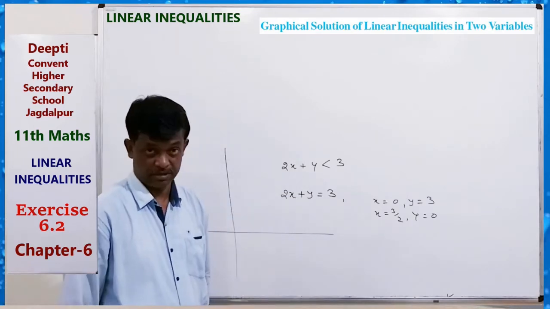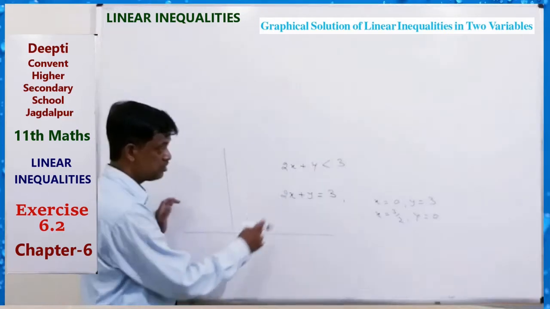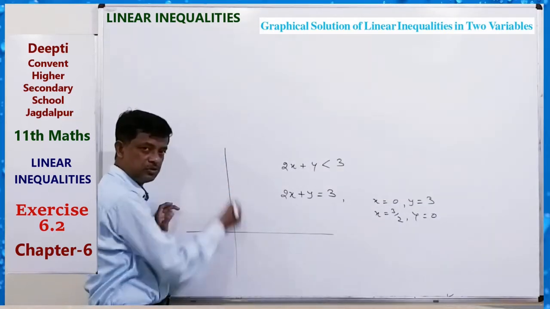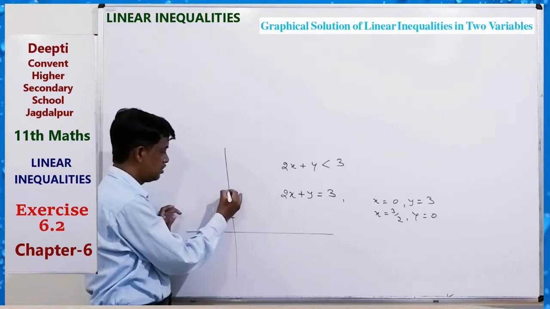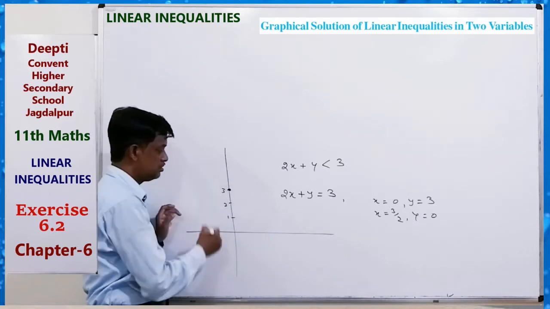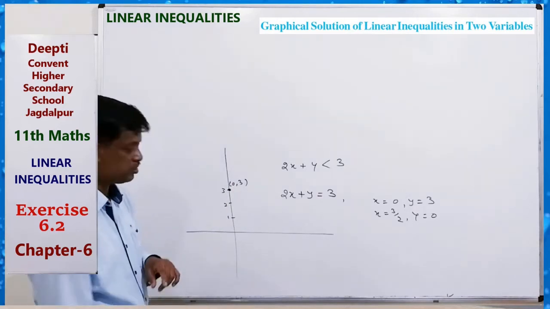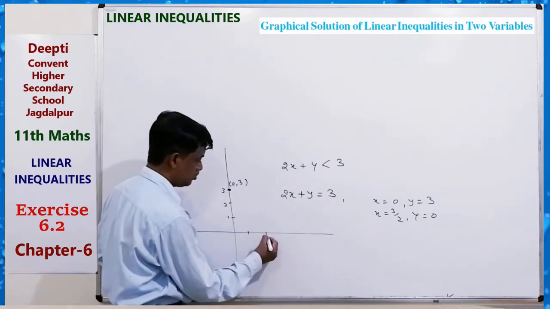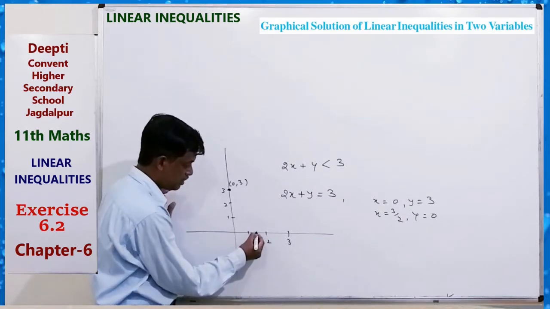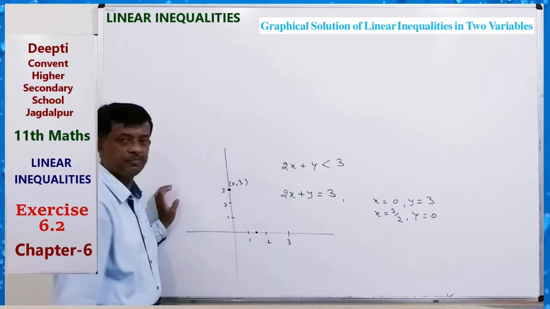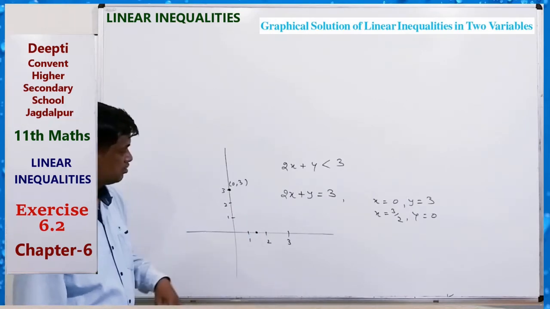Infinite solutions are there, but these 2 are easy to take. x equals 0 and y equals 3 gives the point (0, 3). Another point is y equals 0, with x equals 3 by 2, which is 1.5, so the point is (3/2, 0).